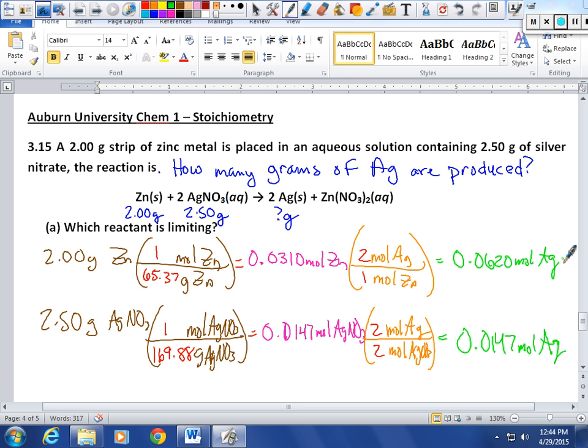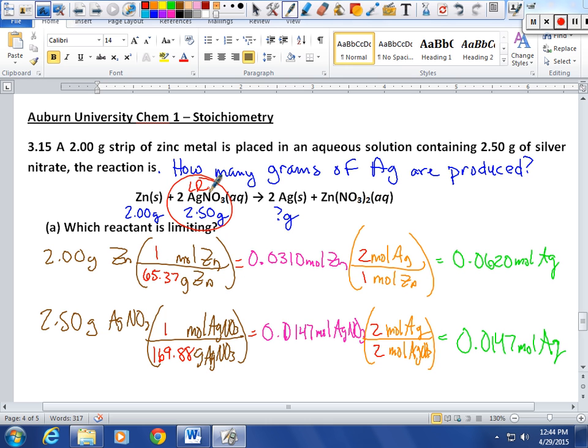So what is the least amount that is made? The 0.0147. So that is the most that we can make. Which reactant is going to limit our reaction? Silver nitrate. So silver nitrate is my limiting reactant.